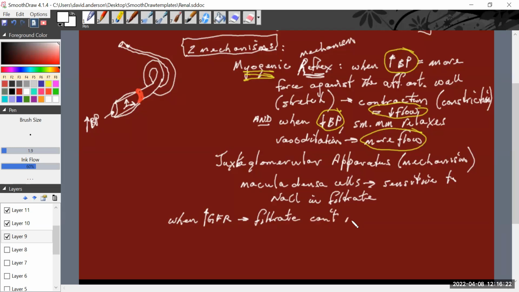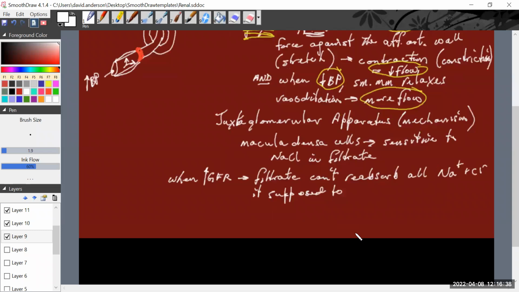Can't reabsorb all the sodium and the chloride it's supposed to. Okay, so that was our step number one. So the macula densa cells get excited about that.